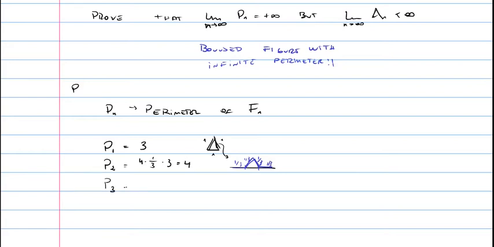And now let's think about P3. We had this in the first step, and now in each one of these we do the same. So this time we have 12 times 4 divided by 9, because the sides are now 1 over 9, times the 3 sides of the triangle, which gives us 16.